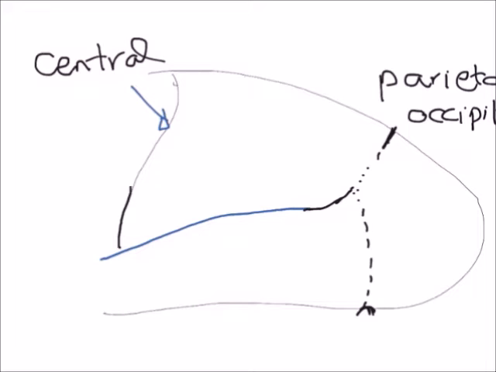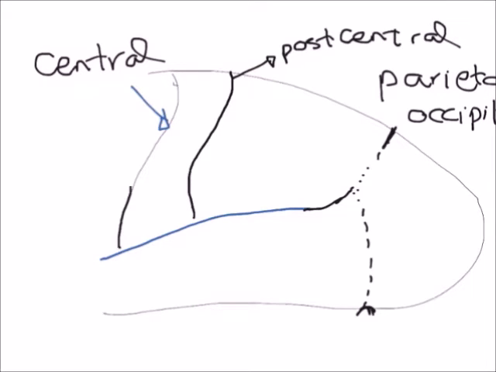Just behind the central sulcus, we can draw another sulcus here, which is the post-central sulcus. It is lying one finger breadth behind the central sulcus, and between this sulcus and the central sulcus we will see an important area of the brain, which we will discuss in a minute.